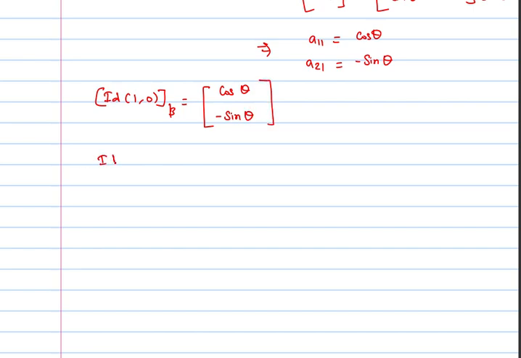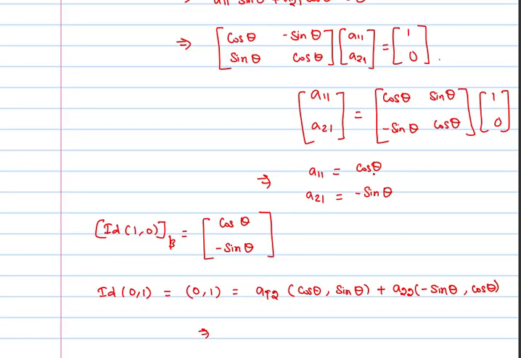Now similarly, I want to find ID of 0, 1 equal to 0, 1 equal to A12 times cos theta, sin theta plus A22 times minus sin theta, cos theta. In the same way, only your right-hand side, that 1, 0, will change to 0, 1; everything else remains the same.